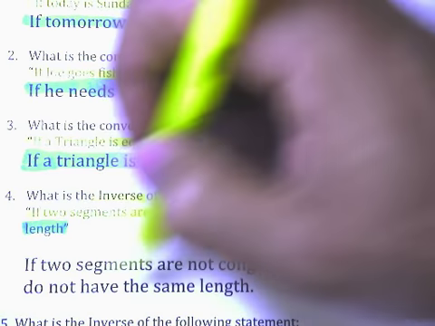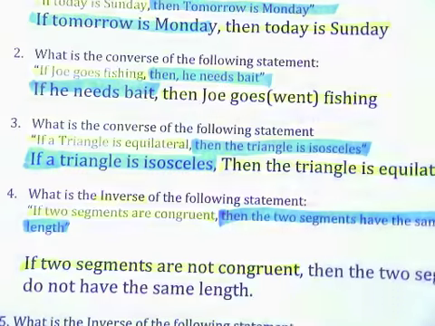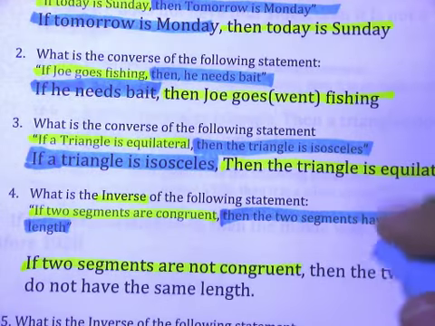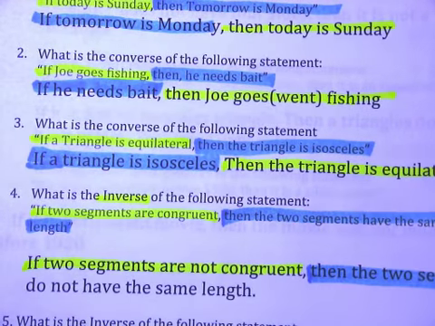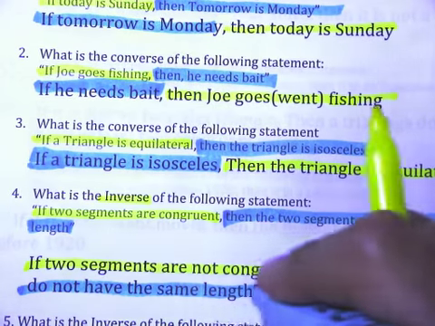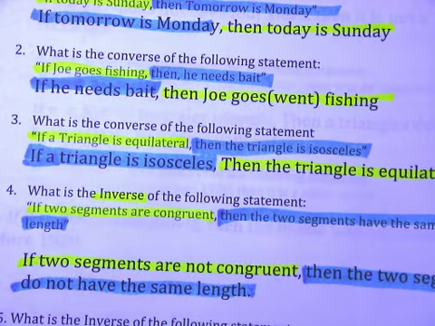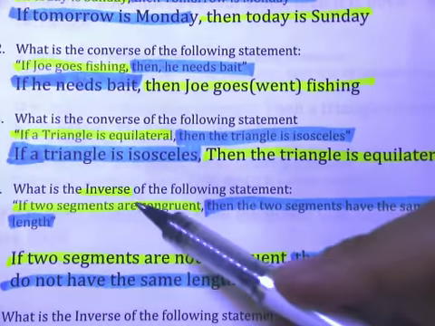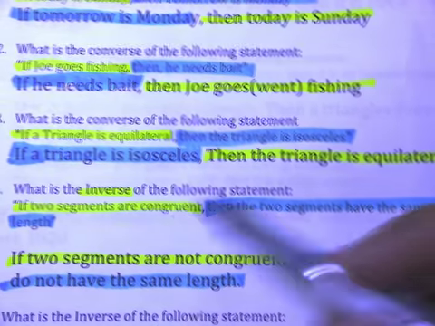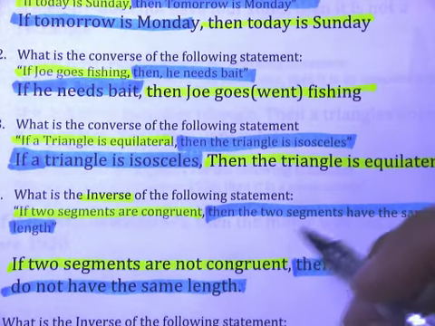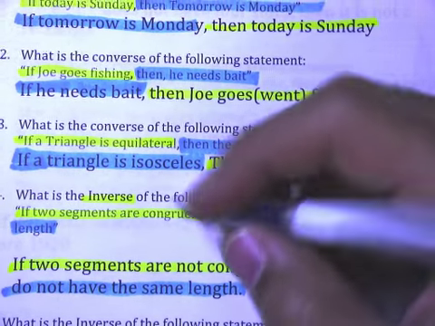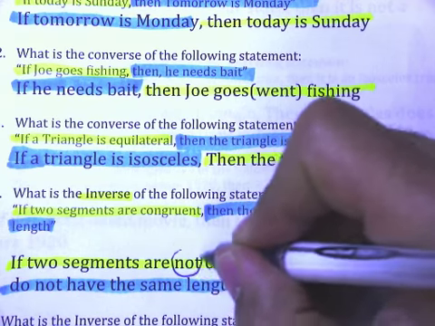Well, if you look at the answers, look at the new hypothesis. If the two segments are what? Not congruent, then the two segments do not have the same length. So notice that for the inverse, yellow to blue, P to Q, it didn't change.